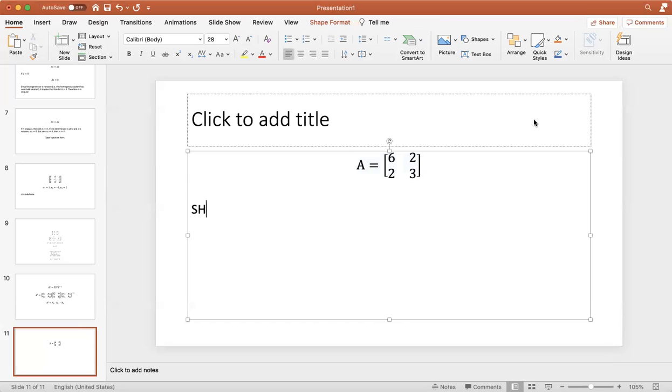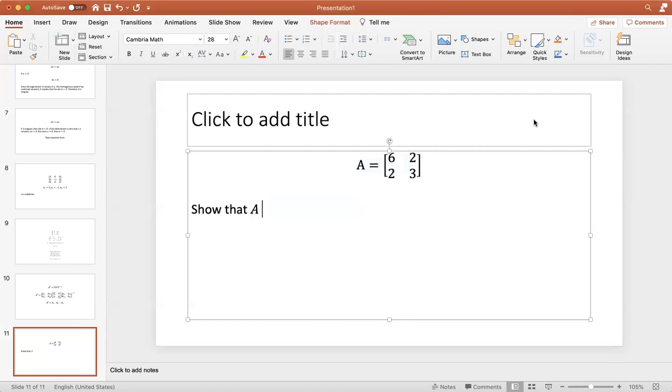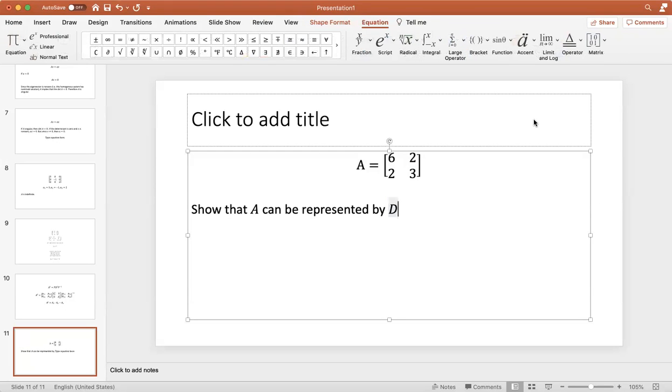So let's show that A can be represented by D lambda D inverse, right?